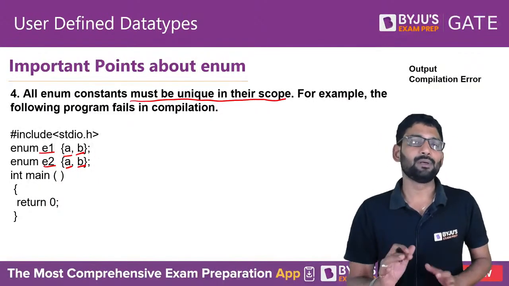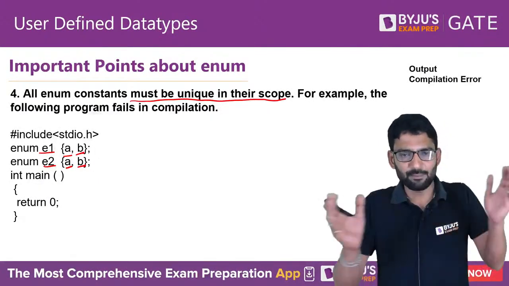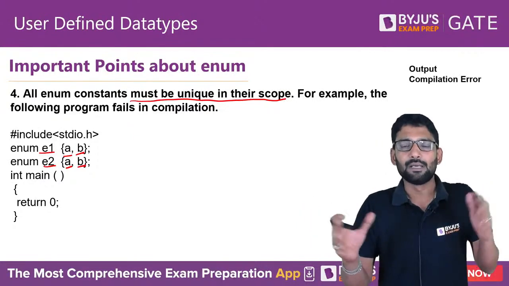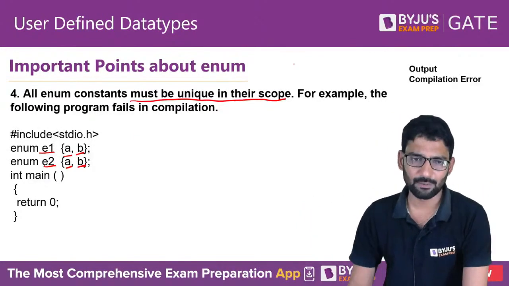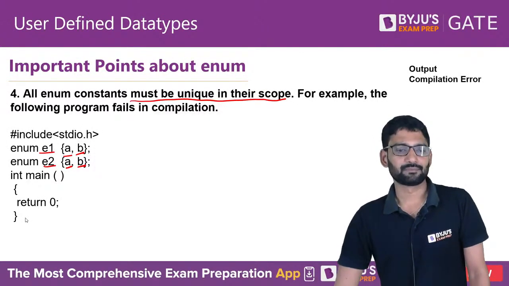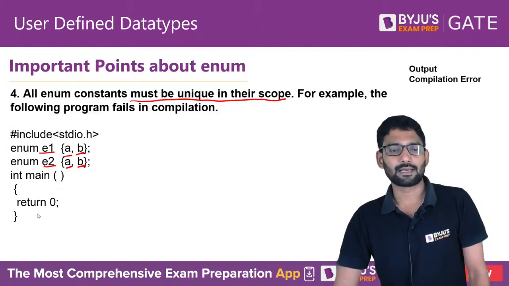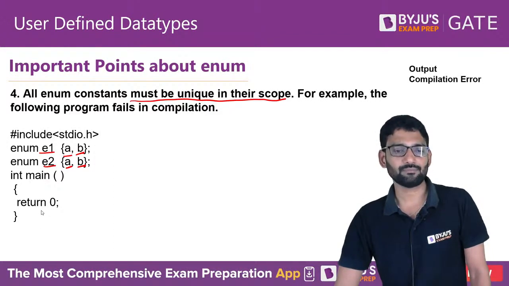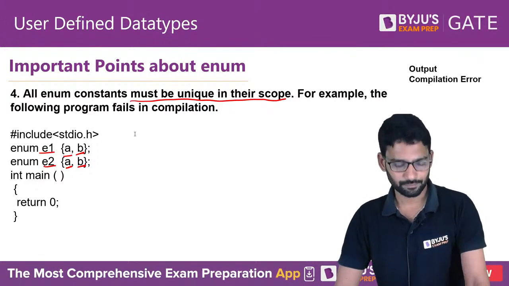In the same block scope, can we define multiple variables with the same name? Tell me. Can we define multiple variables with the same name? No, right?